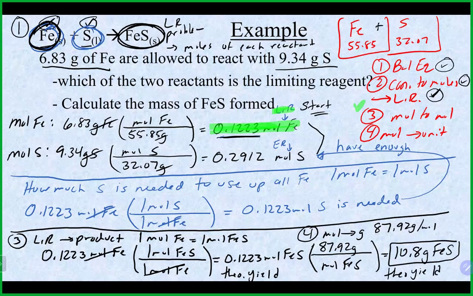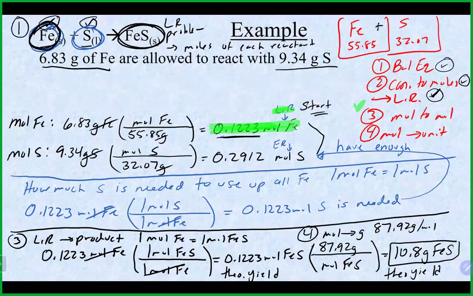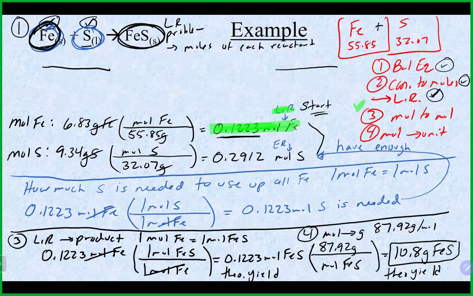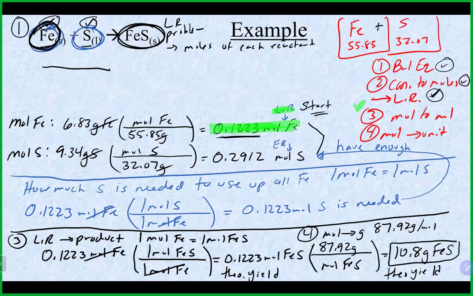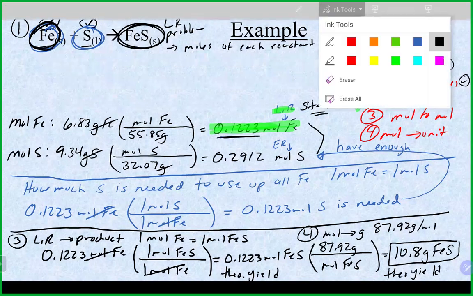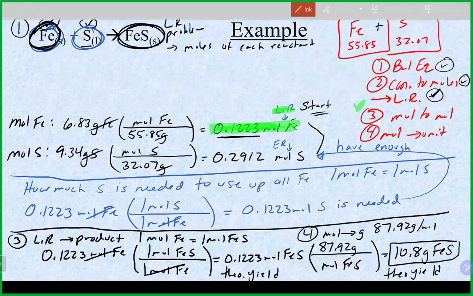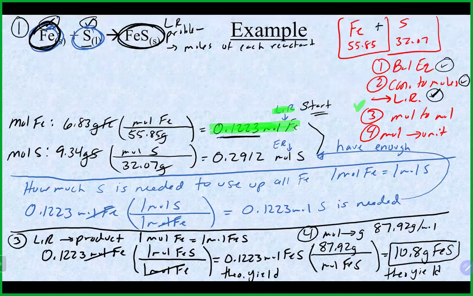Now, another thing that we talked about last time as well is sometimes you are asked how much of that excess reagent you still have left over. So for example here, let me clear up some space. If we were asked how much of that excess reagent's left over, we can do a calculation between the two reactants and use our excess reagent and figure out how much is needed.